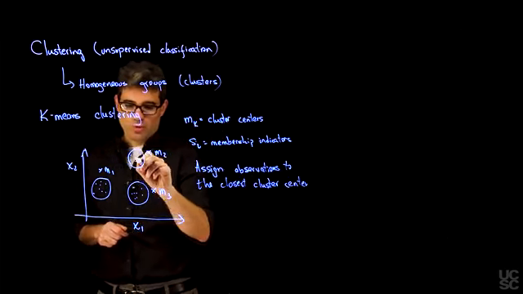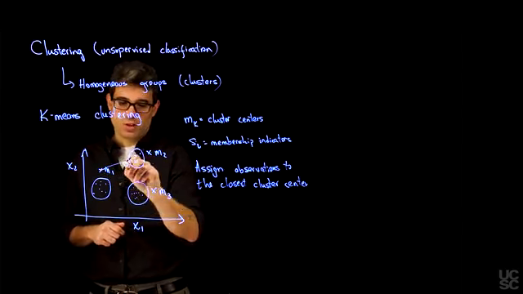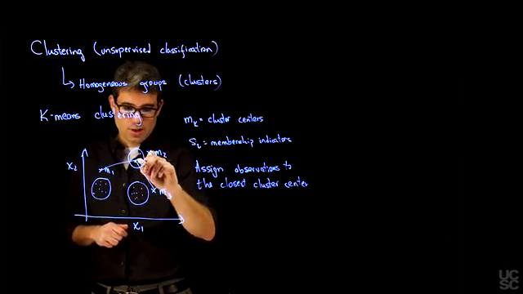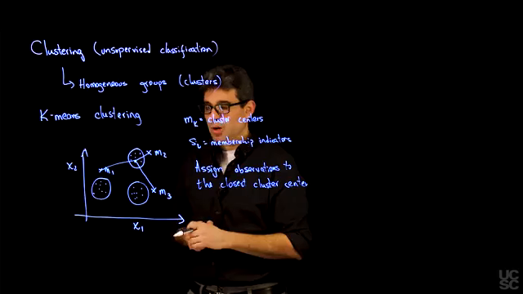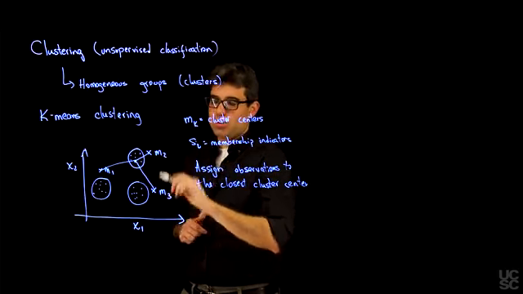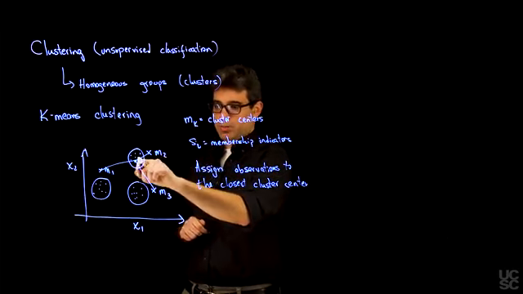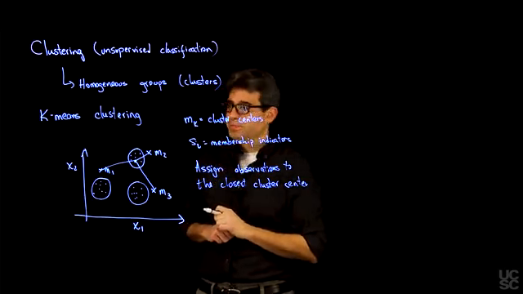So if I'm trying to decide to which cluster this observation belongs, I'm going to look at this distance, and this distance. And because the distance to M2 is the smallest, then I'm going to decide that this observation in particular belongs to cluster 2. So I'm going to make the S sub i corresponding to this observation equal to 2.